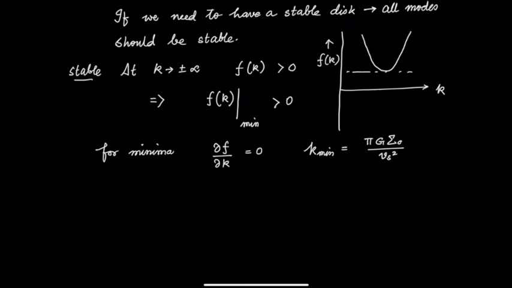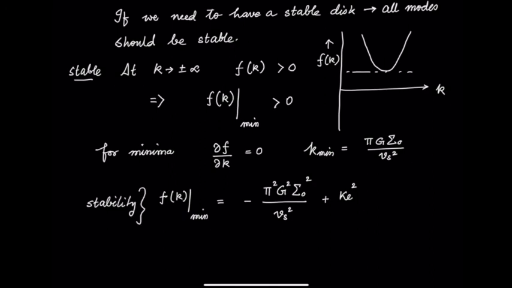And if I put that back in Fk and calculate Fk at minima, this will be minus pi square g square sigma naught square by Vs square plus kappa square. Please do these calculations, we just don't have time to go through them. Then kappa square. And remember, for stability, what is the condition? That Fk minima should be greater than or equals to 0.